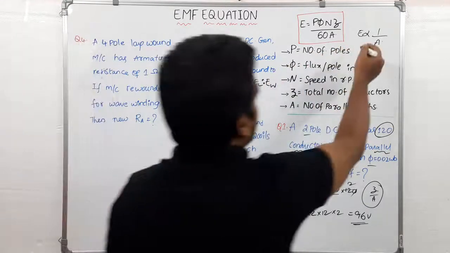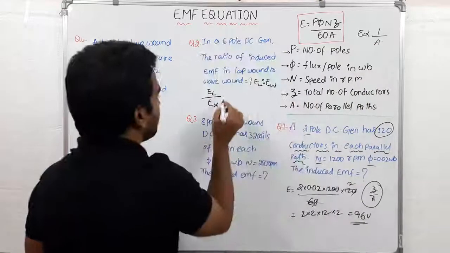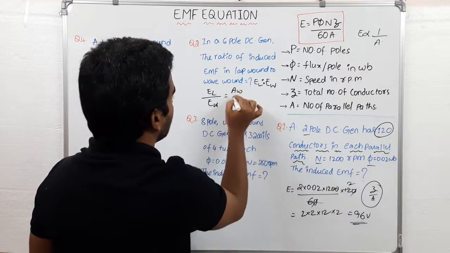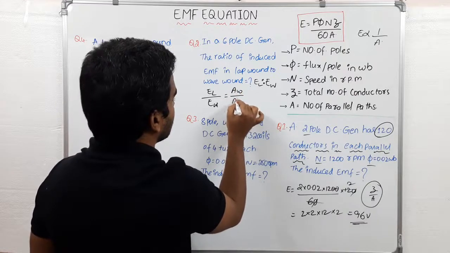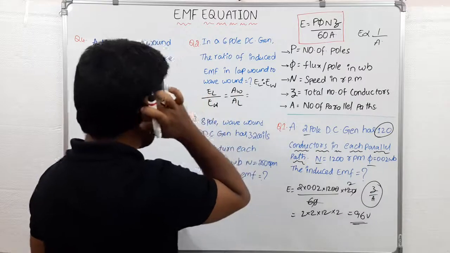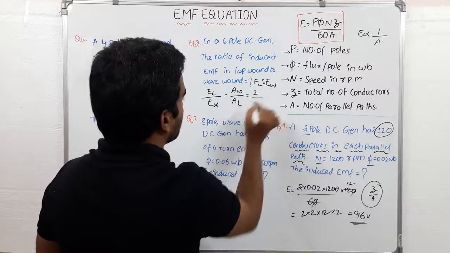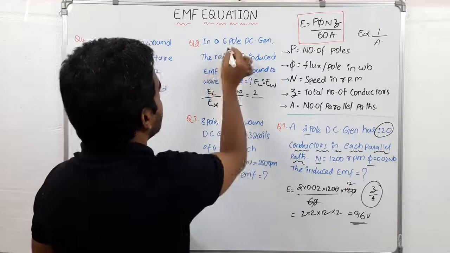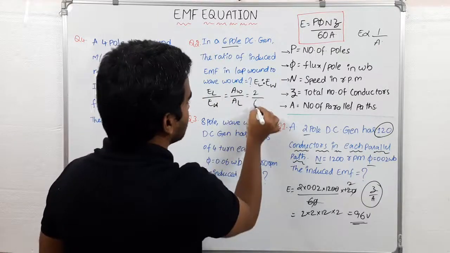So the relationship will be EL by EW equal to AW by AL. What is the number of parallel paths in wave winding? 2. What is the number of parallel paths in lap winding, which is equal to the number of poles? That is 6.